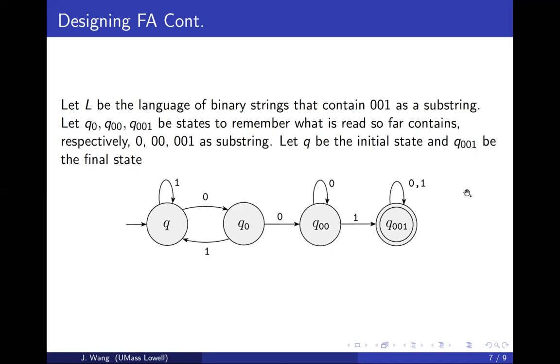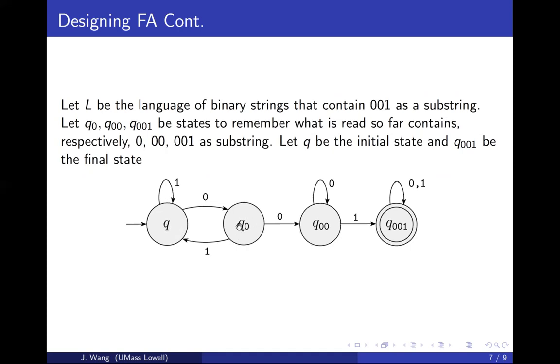So that means now at the beginning, if the input is 1, we're not going to change, because only when you see 0, you're going to move to the next one. So when you see 0, you go to Q0, because now I have read 0. If you read 1 again, then I cannot move on to the next because it breaks the pattern, so you go back.